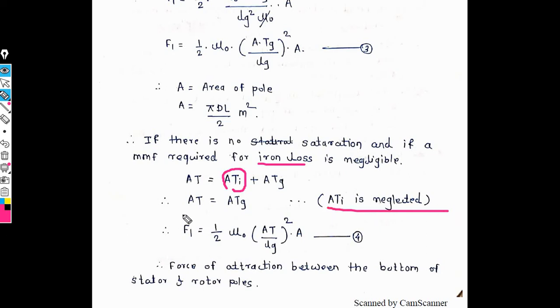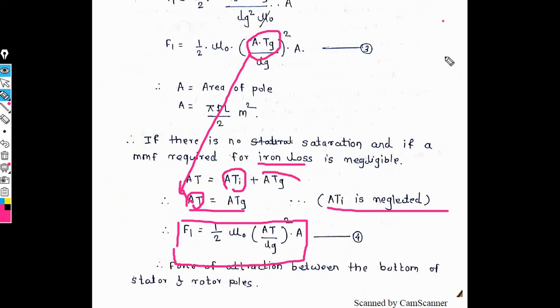Then AT is equal to ATG, and this value of AT is put in the equation. Then F1 is equal to 1 by 2 mu 0 into ampere turn upon Lg whole bracket square into A. That means we consider only the force of attraction with respect to the gap. For example, this is the stator and this is the rotor.